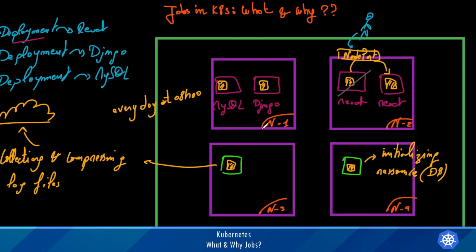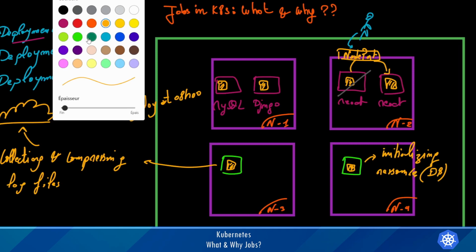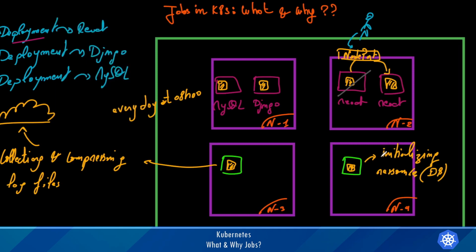In those scenarios, deploying the applications with a deployment controller is not a good solution, because if this application is deployed with a deployment controller, after performing this task, this pod will go down, but because it is controlled by the deployment, it will be recreated.